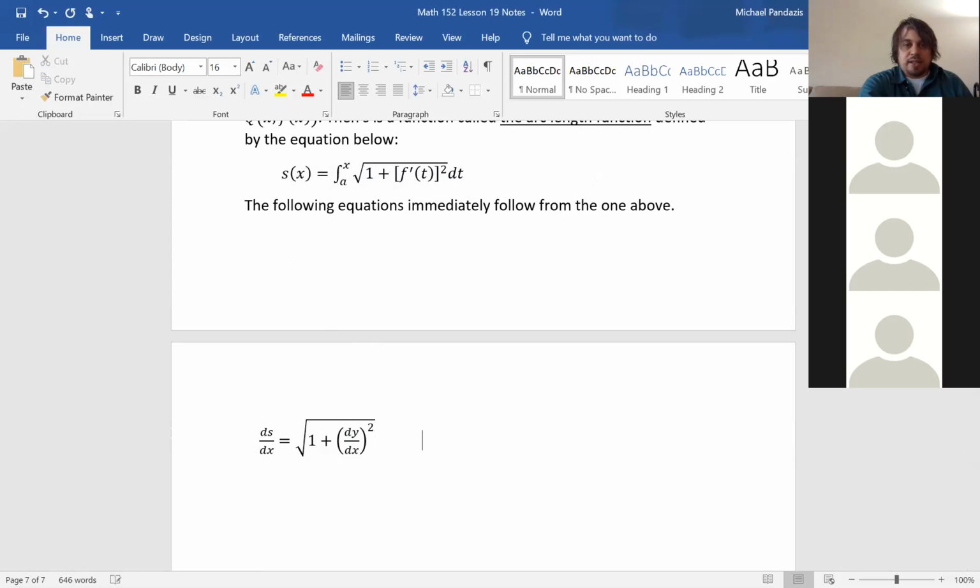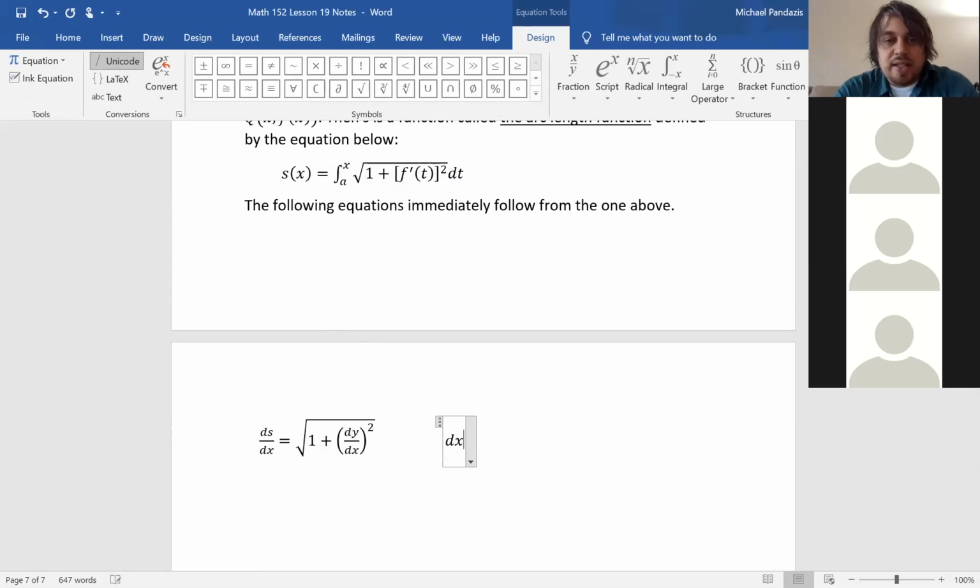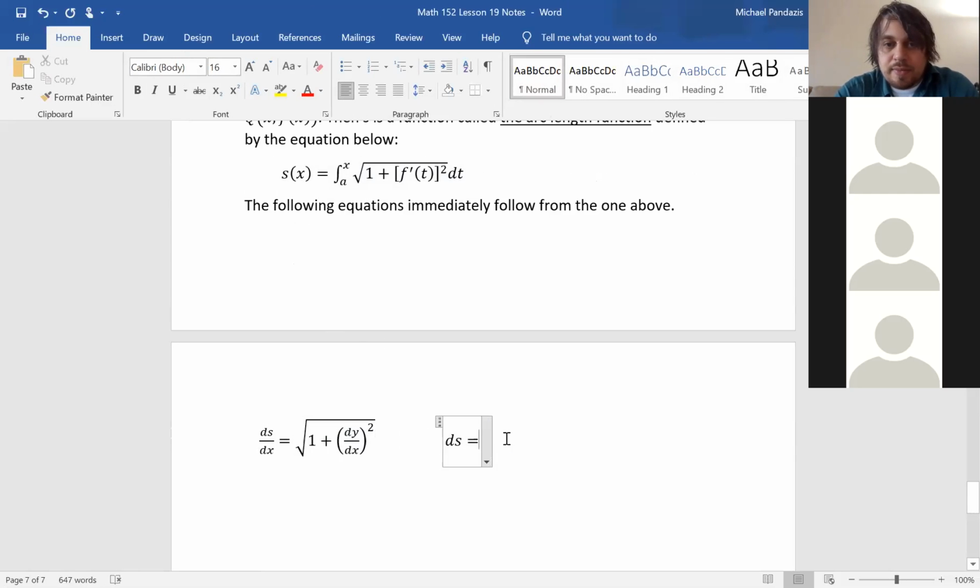So then ds is equal to this expression dx. Those two equations immediately follow from the arc length formula, or the arc length function.